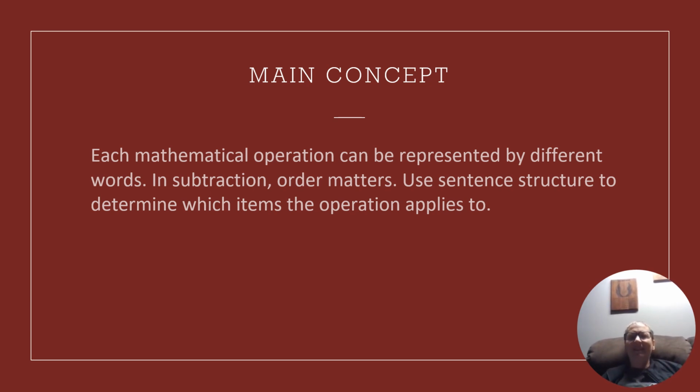This is basically a lesson in translation, and you have to read very carefully and take each thing in turn. It is difficult for some people because it's learning to translate words into mathematical phrases. So it's kind of like learning a new language. So let's just bump right into the different phrases.